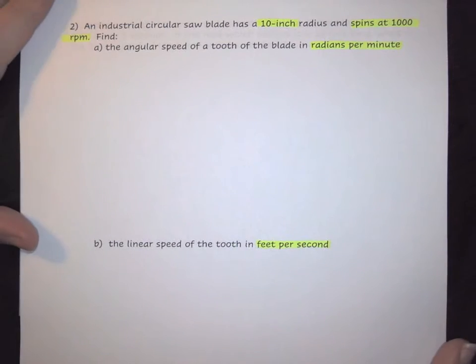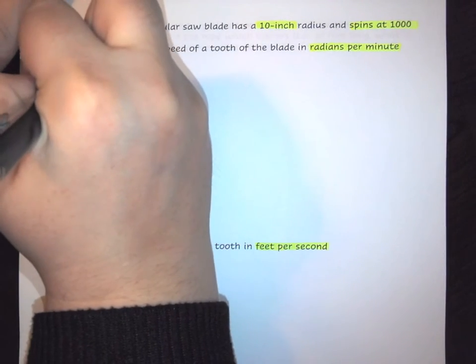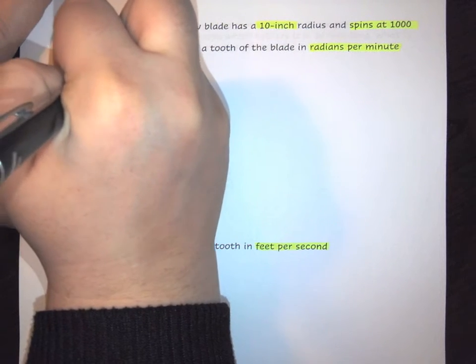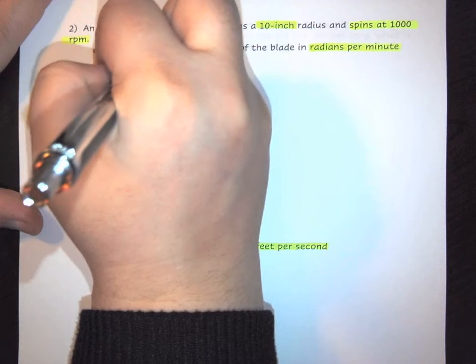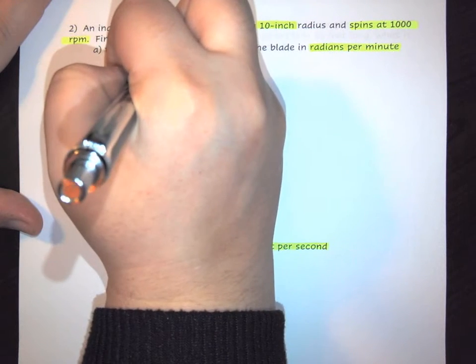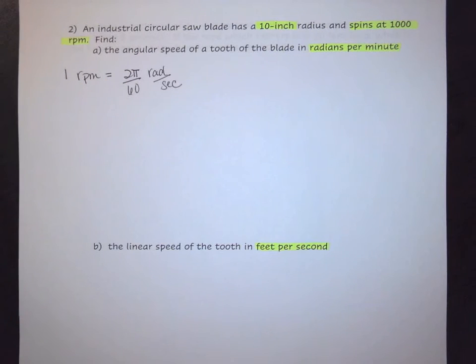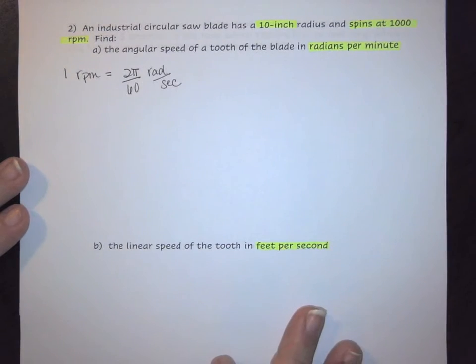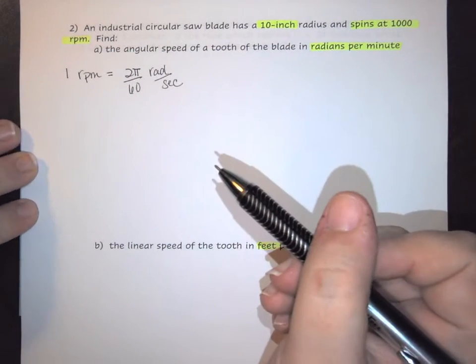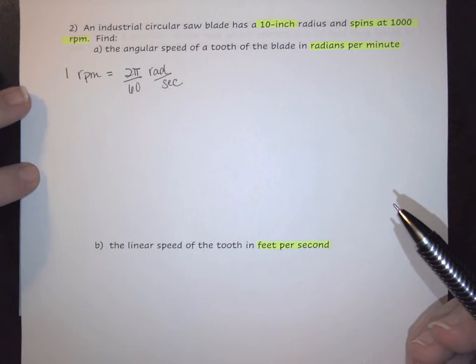The first thing we have to remember is that 1 RPM is equal to 2 pi over 60 radians per second. Here I have 1,000 RPMs, so I need to work my conversion.